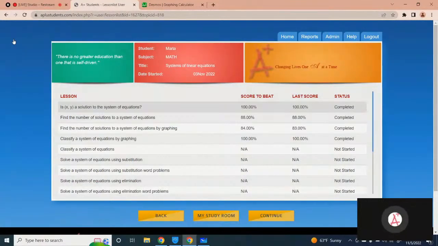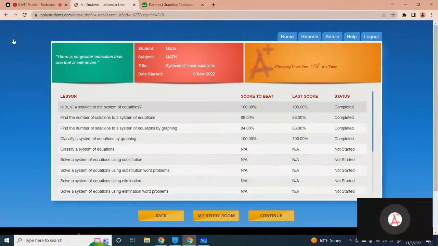So the next topic is classify a system of equations. On which point you are confused, I'll explain again.